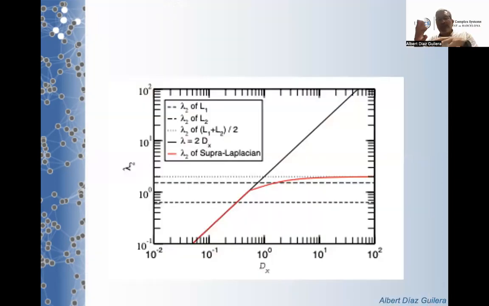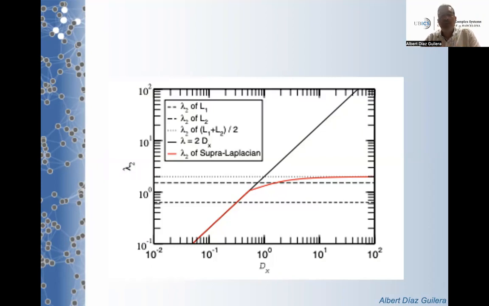Well, here in this case, we were making these different types of constructions between the layers, but one of the basic things is that depending on the structure of the layers, we get something that we call super diffusion, in the sense that now, coupling these 2 layers, we can get a second smallest eigenvalue, this lambda 2, which is larger than any of the smaller eigenvalues of the separate layers. So we call this super diffusion, and you get here in this picture a comparison between these different behaviors.